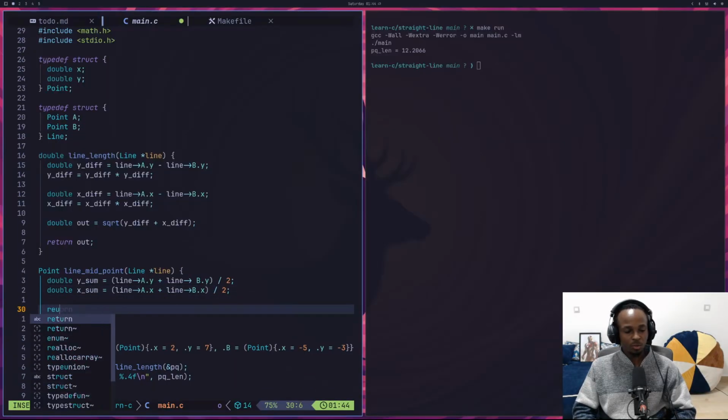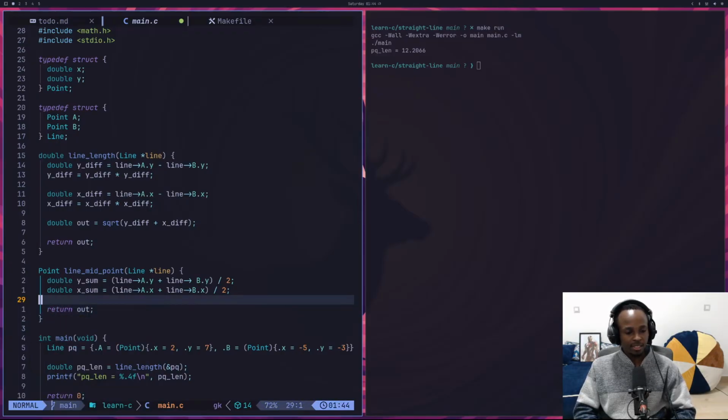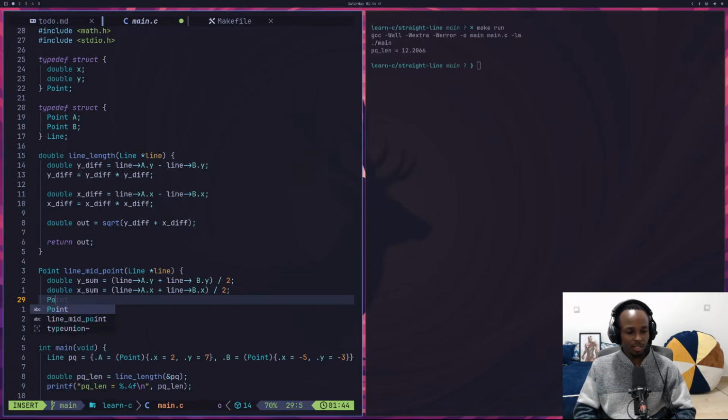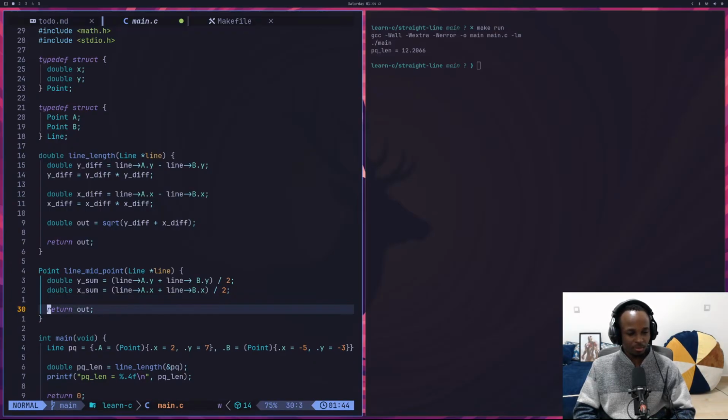And we are going to return, let's just say out, then define out here, which is a point. And out will be, we can just have this. Actually, I could have just returned directly from like the return value. I don't need to assign a new variable. So I'm just going to say point, and a point needs dot x and dot y.